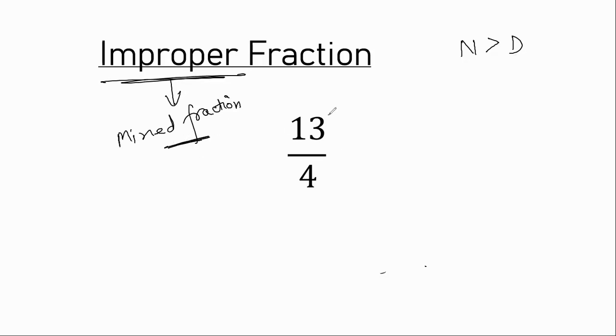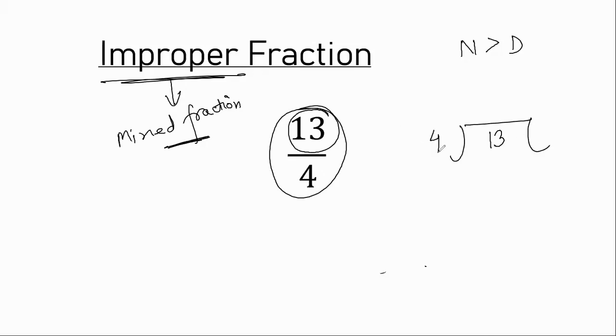If I have to convert this fraction into a mixed fraction, I will write the upper number 13 inside the division symbol and the denominator outside it. So 4 is the divisor and 13 is the dividend. I will divide 13 by 4. 4 times 3 is 12 and the leftover is 1. The remainder is 1. So how will I write it?